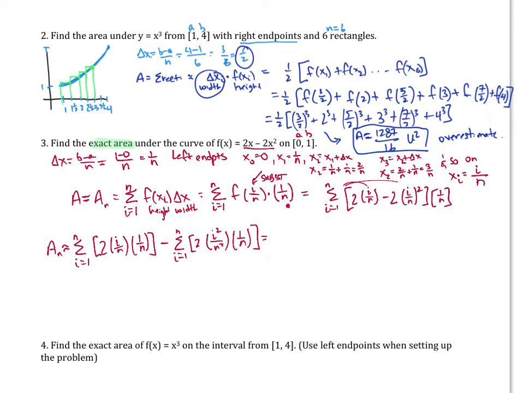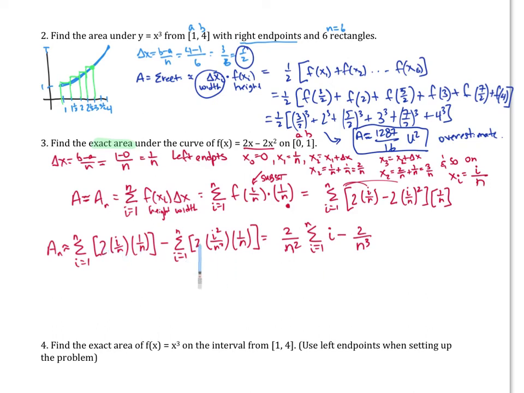And then I can take some things out. I'm going to take out a 2 and an n squared. So that's what they have in common there. That's what I'll take out. And this will be the sum from i equals 1 to n of i, minus 2 over n cubed. So that's what this first part had in common, right? 2 over n squared.